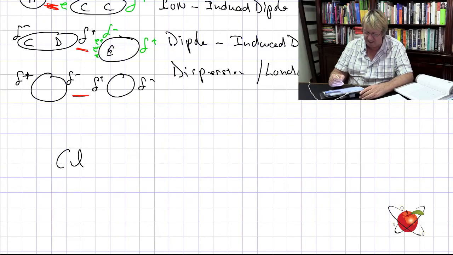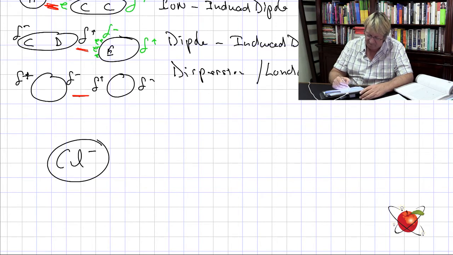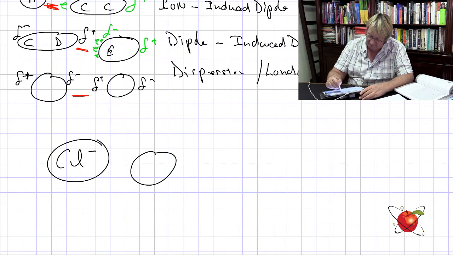So if we had a very strong, for example, chlorine, very electronegative, it hangs onto its electrons with absolute tenacity. Chlorine is a negative ion. What happens? Chlorine is in the water. It comes by this poor unsuspecting thing. This is so negative, it pushes the electrons to the side. Right?